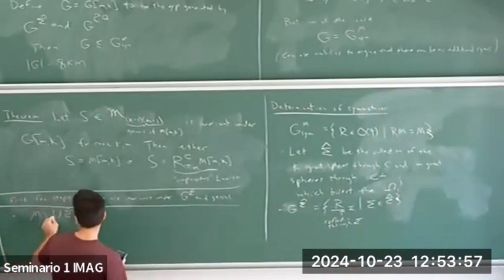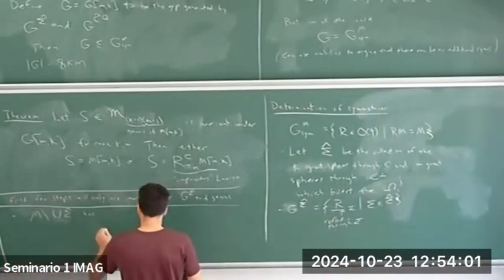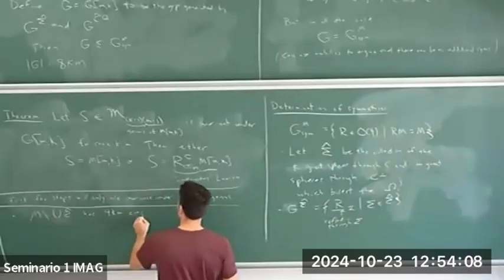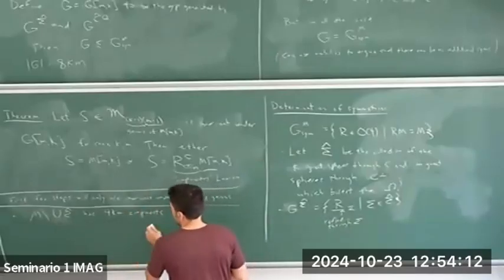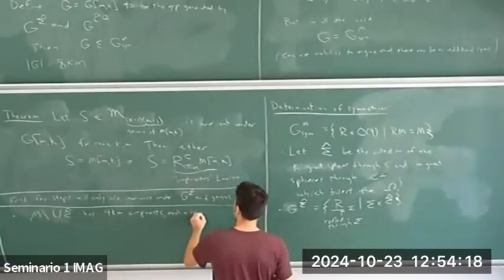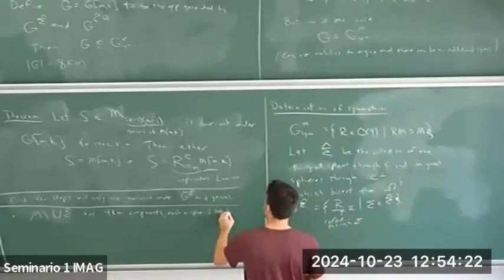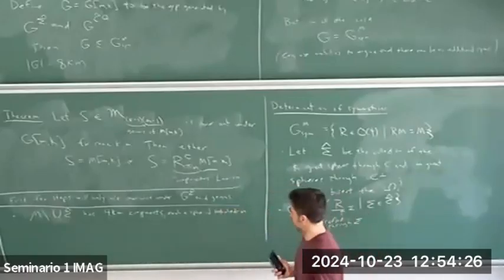So I'm going to get another tessellation with a spherical tetrahedron, which is congruent to the ones we were talking about before.